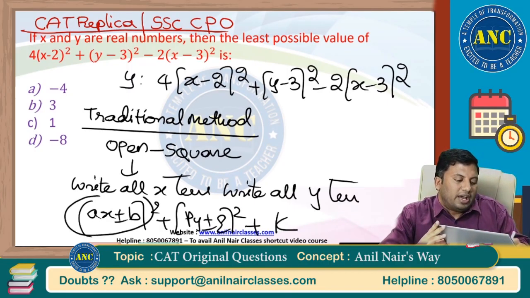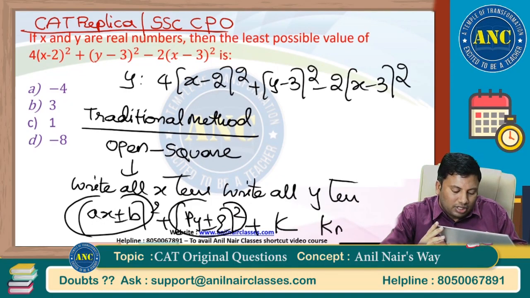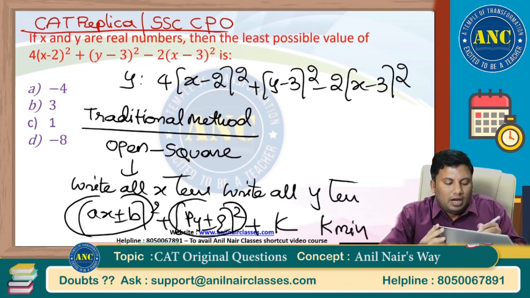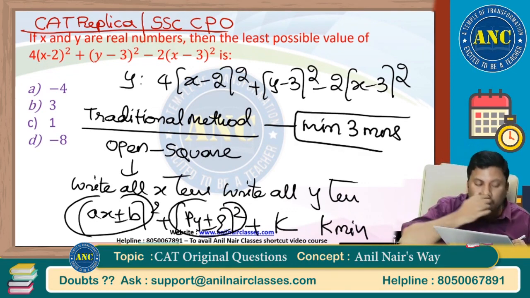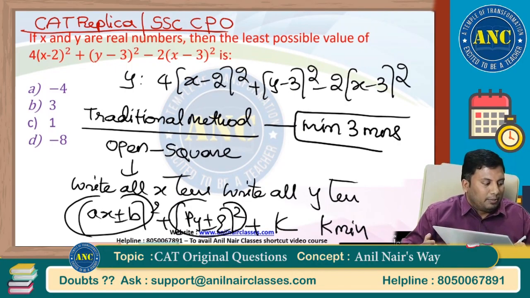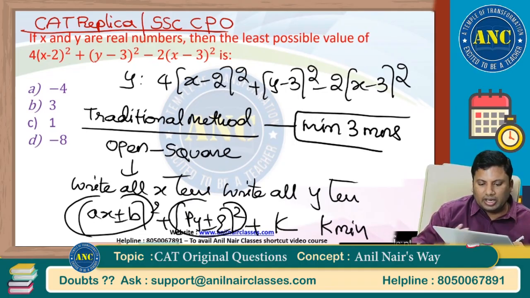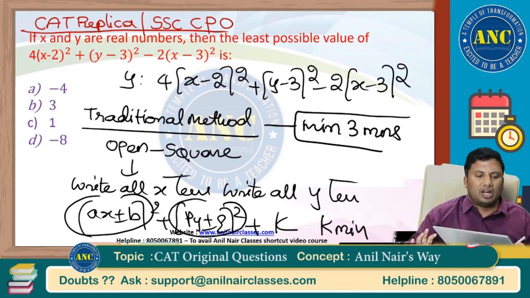This is the square term, this is the square term, so that will be greater than or equal to 0. K will be the minimum. This will take minimum 3 minutes to solve this question. Try to solve it, keep a timer and cross check. This is the traditional method of solving the question.